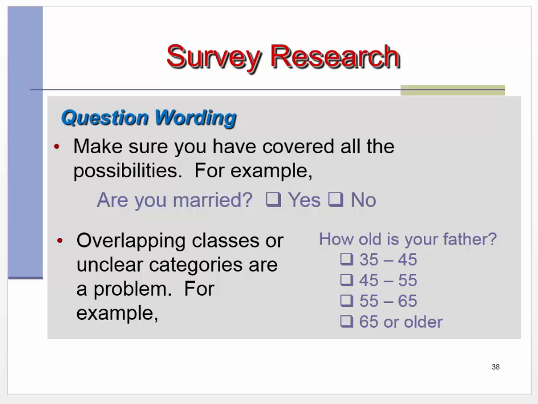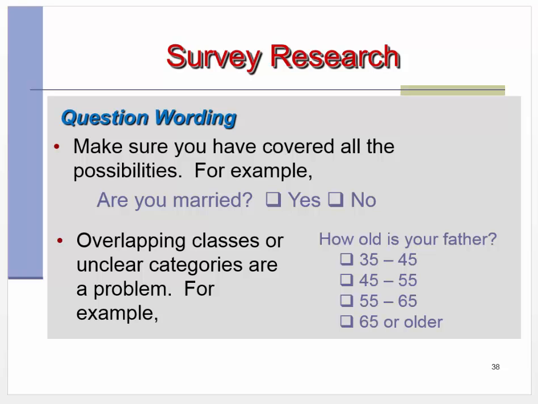Also, in question wording, make sure you have covered all the possibilities. For example, for the question, are you married? If you only provide answers yes and no, those who are divorced or widowed will find it difficult to answer. Also, look at the sample given here on slide number 38.